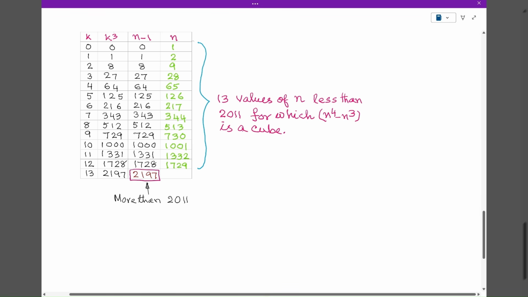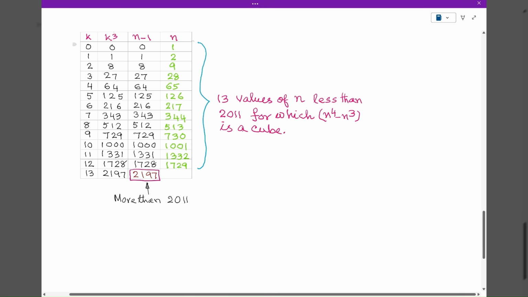In this table, we have noted down various possible values of k that we have calculated earlier. In this column, we have found k^3, which is the same as n - 1, and from that we have found the values of n.